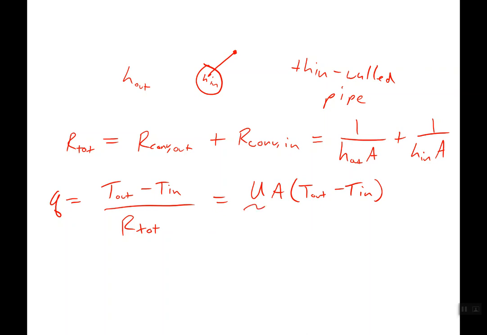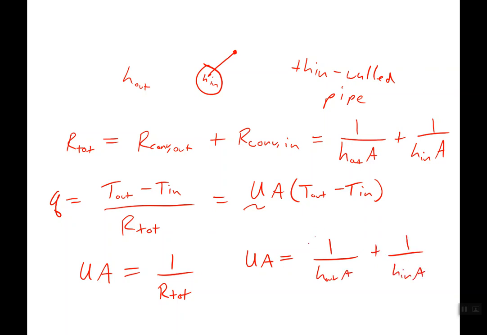So here this U would be our overall heat transfer coefficient. So this combination UA is going to be equal to 1 over the total thermal resistance. To calculate our UA, it would be 1 over h out times A plus 1 over h in times A, and take the inverse of those.